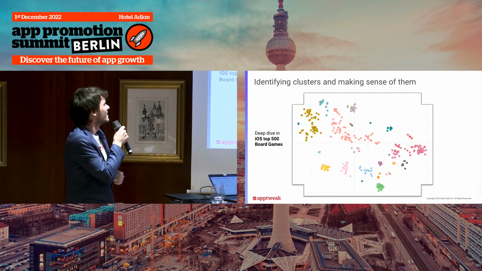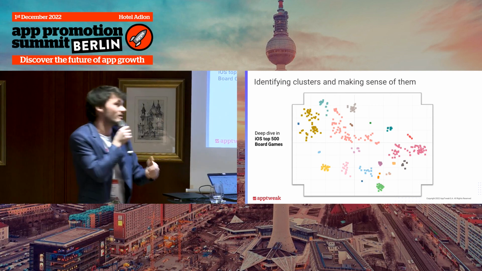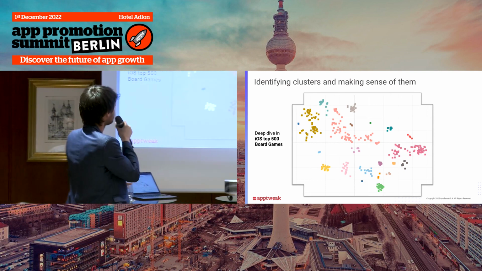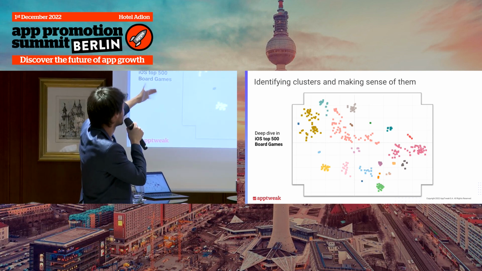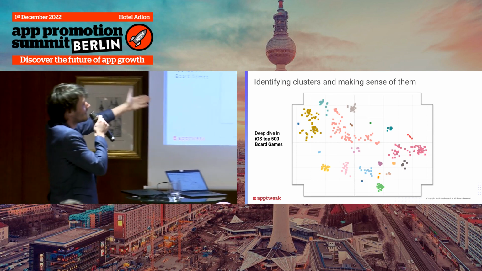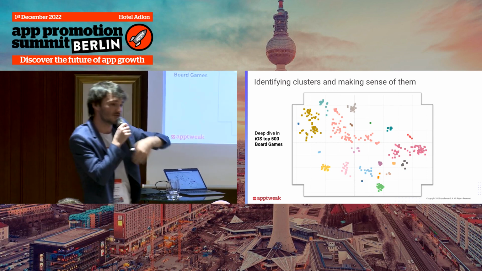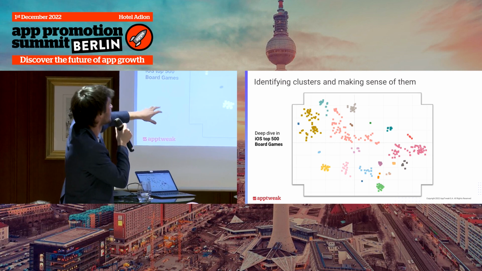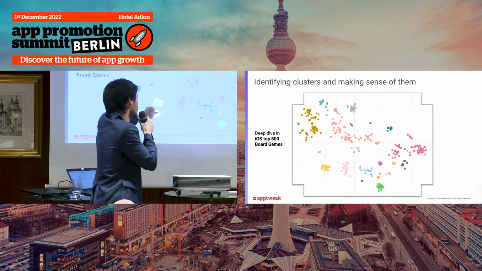Okay. Another example, that's the board game category. So I took the 500 apps that rank in the board game categories, plotted them with Atlas, and then this is the plot. Each square is an app, a mobile board game, and I asked another algorithm, my own algorithm, to do some clustering. So I just colored all apps per their position on the map using some kind of clustering algorithm.